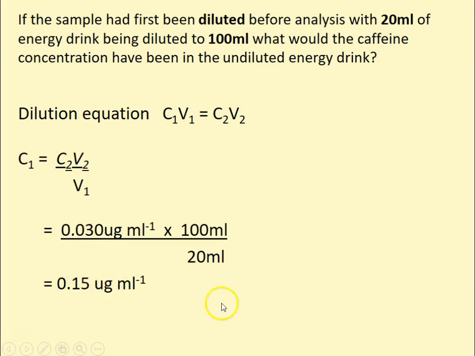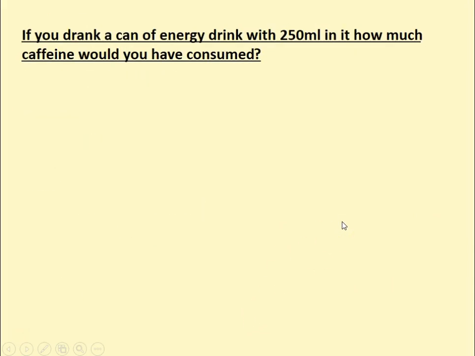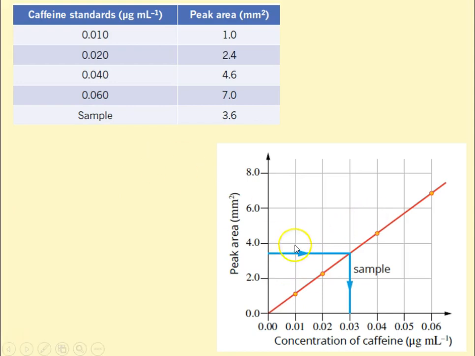So the reason that you would do this is if your peaks are going to be off the graph. You can't read them properly. Well, no, the reason that you do this actually is if on your calibration graph, you measured the peak area and the peak area was up here, you would have to go across and extrapolate your graph, make the graph longer.